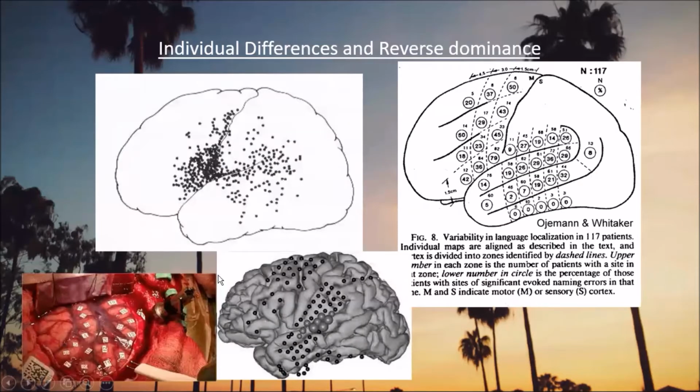There's a lot of individual differences. This is a really gross image, with a lot of individual differences in terms of organization. Generally the argument is that females are less lateralized than males, maybe especially in the frontal lobe, but there's still going to be a spectrum.